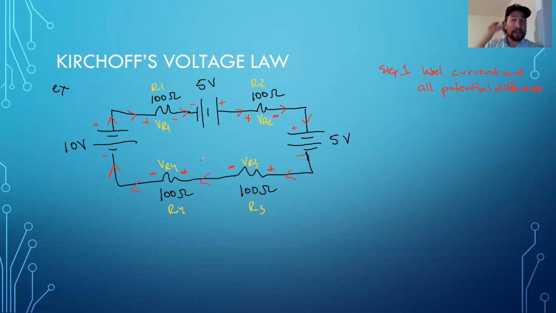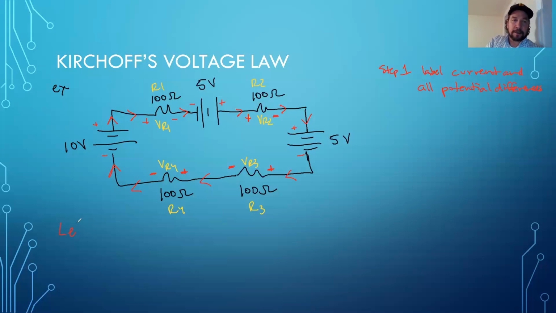So instead, if I use the concept of Kirchhoff's voltage law, what we're going to do is go through each thing and write each voltage and put a sign in front of it based on what I see as I pass through it. It'll make sense when I say it.